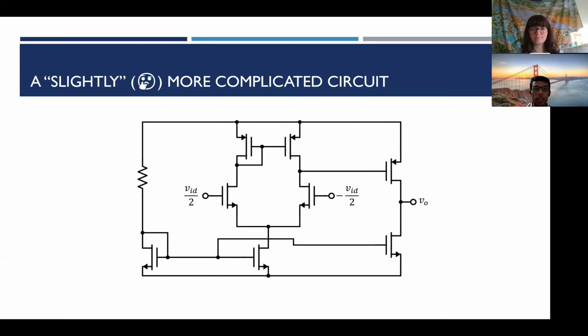This is the technical way of labeling these inputs. We call one of them VID over 2. The other one is negative VID over 2. VID just stands for differential input voltage, or voltage input differential as we end up writing it here, right? And VO represents an output voltage.